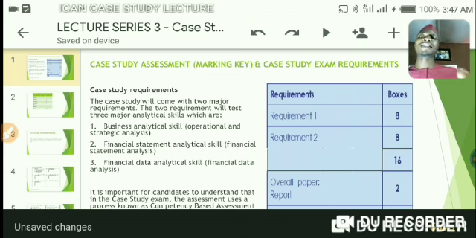Under requirement two, you are expected to do 8 things again. So the total things you are expected to do under the two requirements is 16.